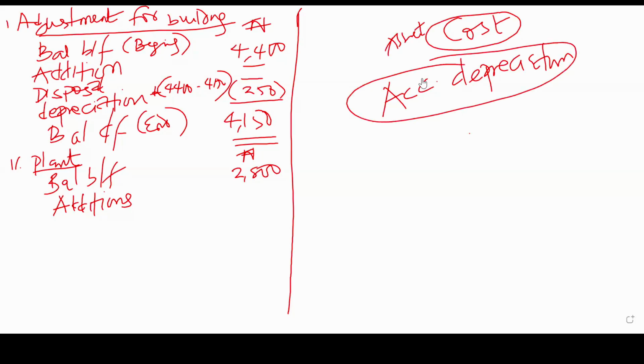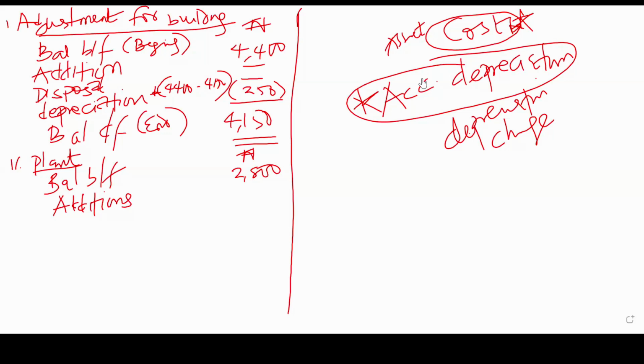So if I want to adjust back and get the depreciation charge for the year, I'm going to use the accumulated depreciation. But if I'm looking for the cost of the item that we disposed, I will adjust it here. If they told us we acquired an asset, they give me the cost, I will bring it here. So the things I'm going to see under cost will be the additions and disposal, at their cost.